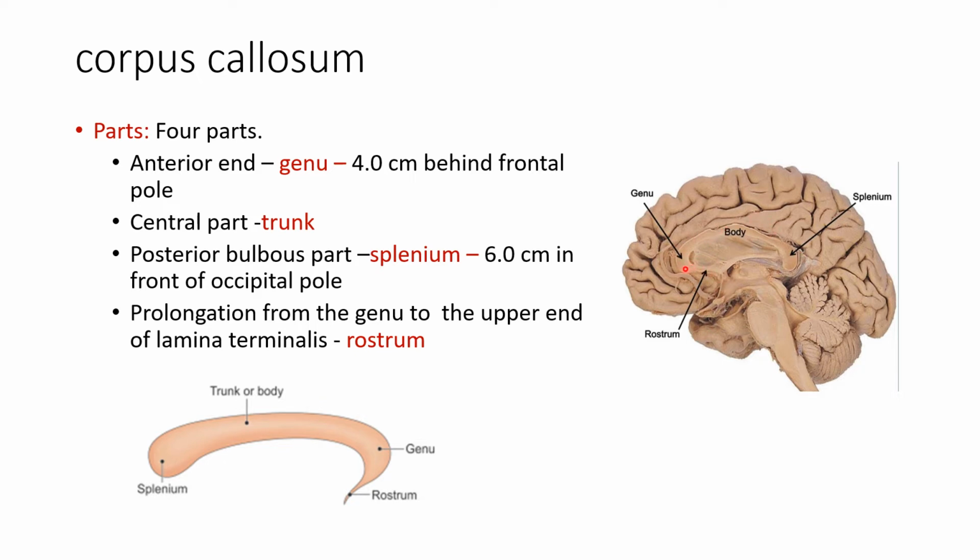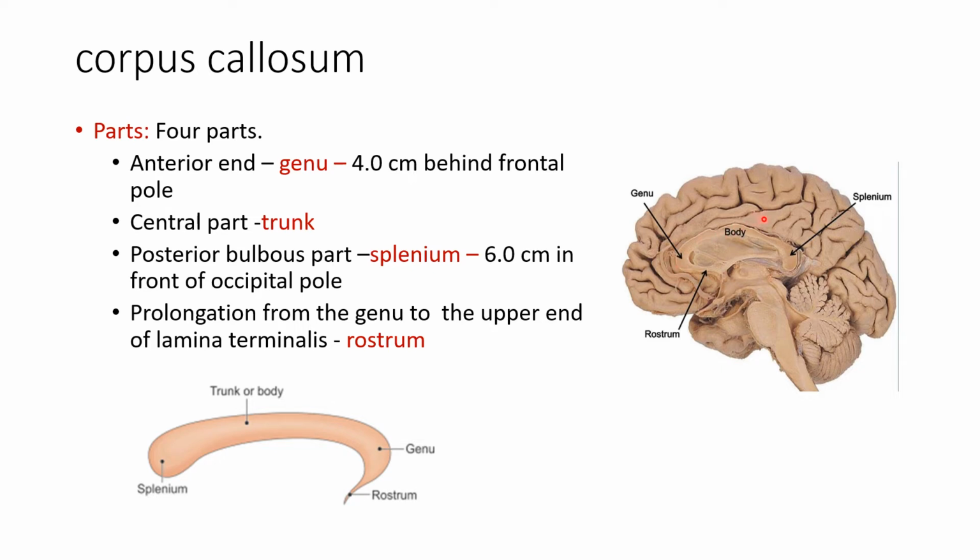From the genu, there is a prolongation going onto the inferior surface, towards the lamina terminalis, and this part extending from the genu is called the rostrum. The genu is 4 centimeters from the frontal pole, and its prolongation to the upper end of the lamina terminalis is the rostrum.